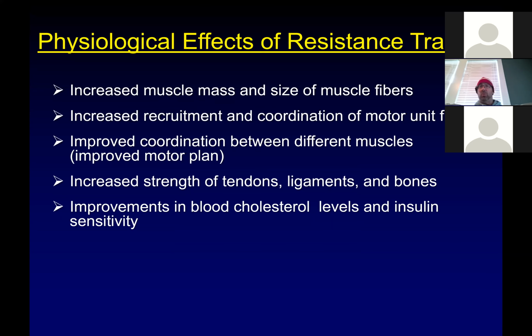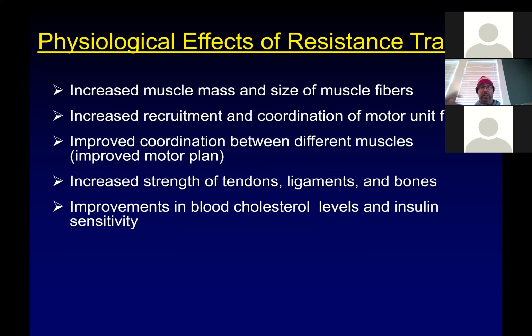For those of you that aren't used to doing a particular movement, maybe you don't normally do squats or something like that, or you don't normally do a bench press. If we ask you to do that when you first start out, your motor cortex does not understand the proper kind of motor plan or movement pattern to efficiently perform that particular task.